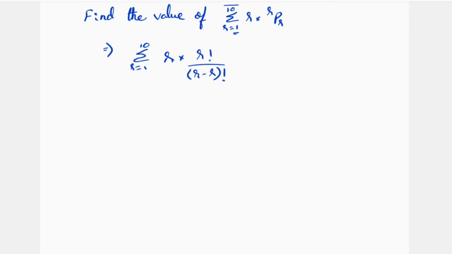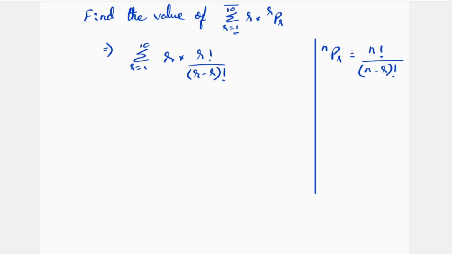How do I get this? It is coming from the formula for nPr. The number of permutations of n things taken r at a time is given by n factorial divided by n minus r the whole factorial.